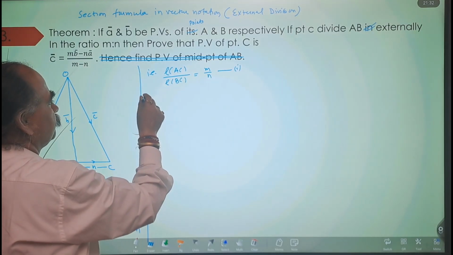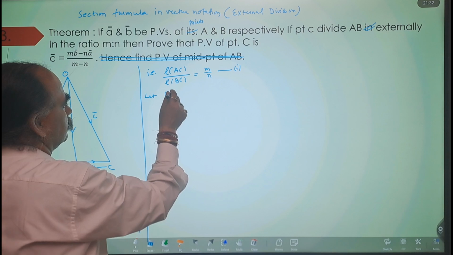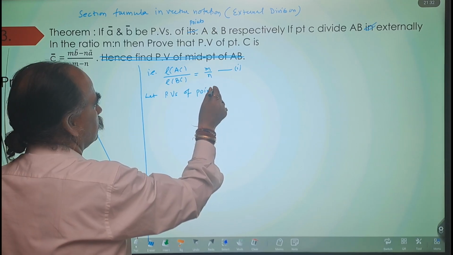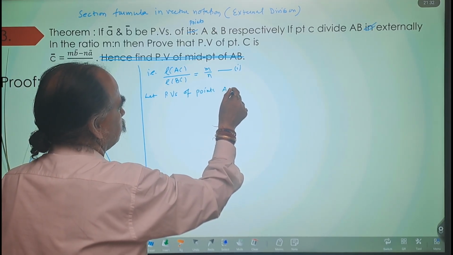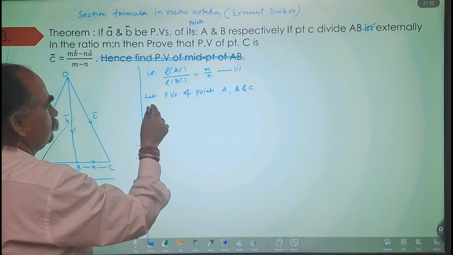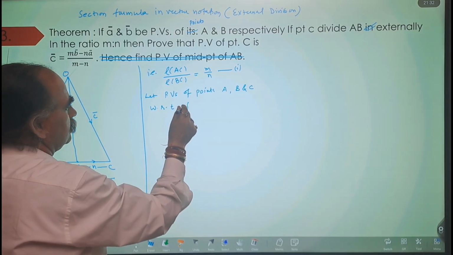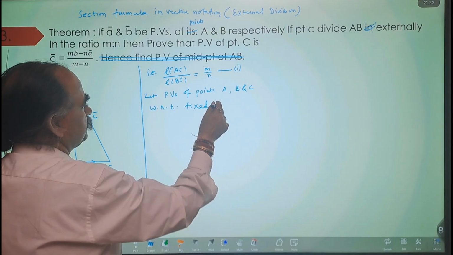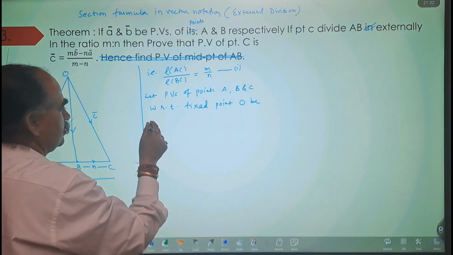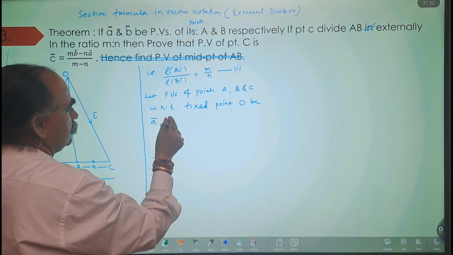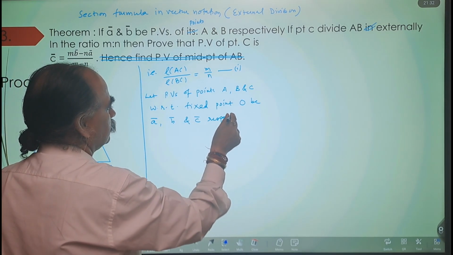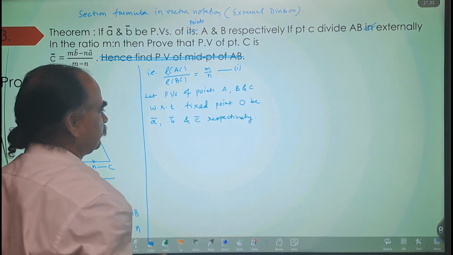Let position vectors of points A, B and C with respect to fixed point O be A bar, B bar, and C bar respectively.